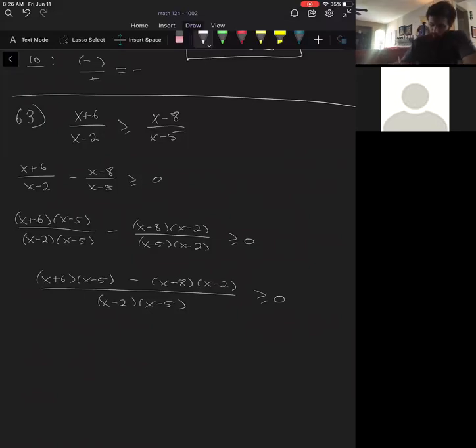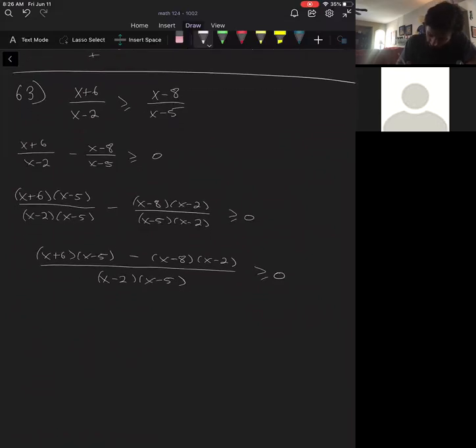In order to do that, we're going to need to have everything factored. So we need to distribute everything and then see if we can factor whatever we get. So let's do that first. The top is going to turn into x squared plus x minus 30. That's the first one. And then minus, we'll have x squared minus 10x plus 16.